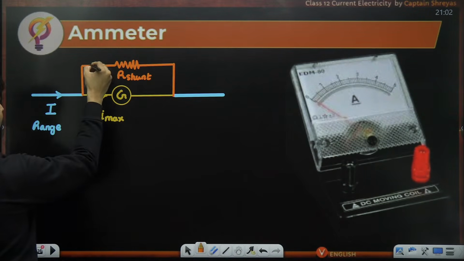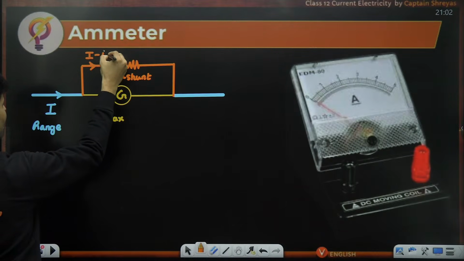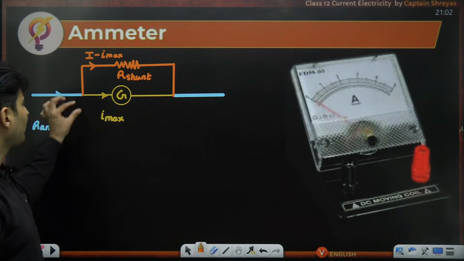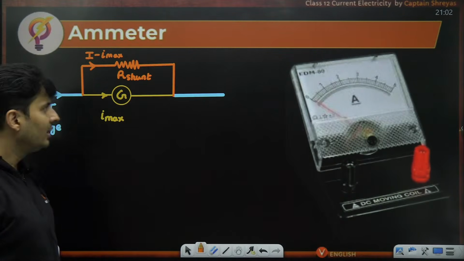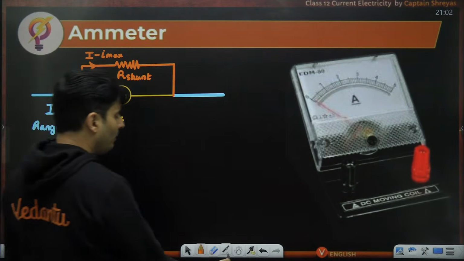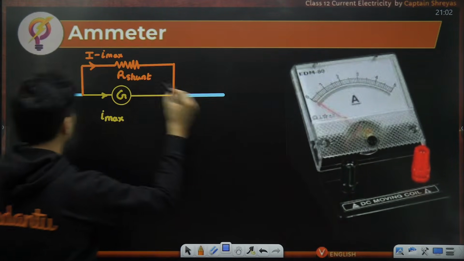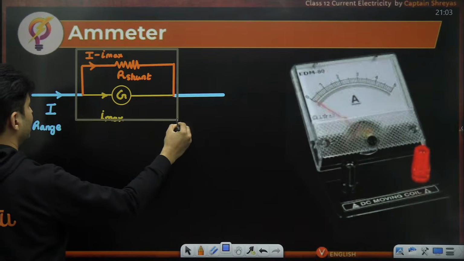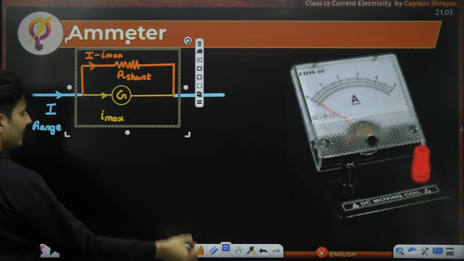So what will happen? Most of the current, which is I minus Imax, will flow through it. A very small amount of current will flow over here. Now, if you package this in a box and send it to me, I will call it an ammeter.